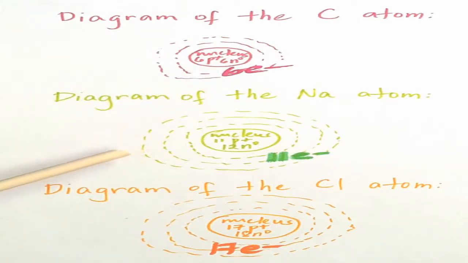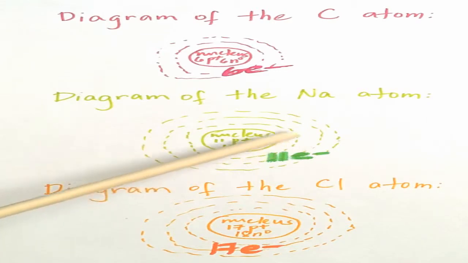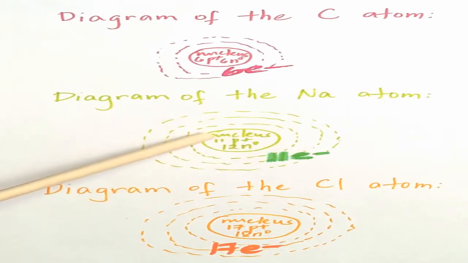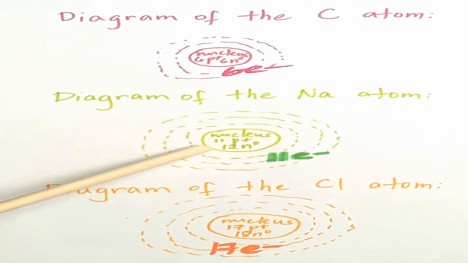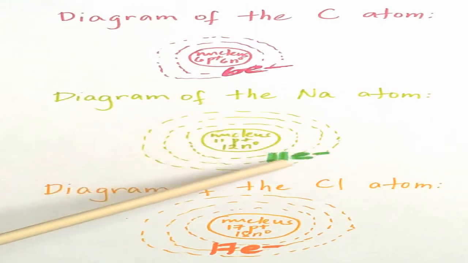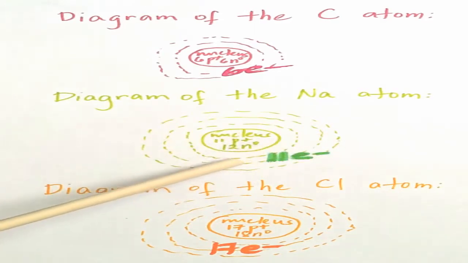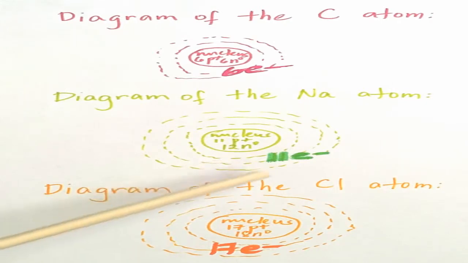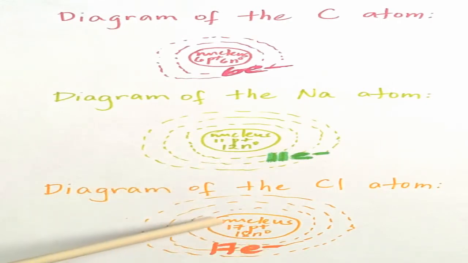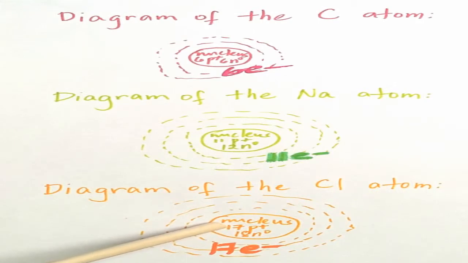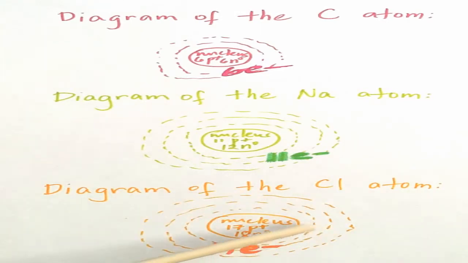The sodium atom would look like this, where you have the nucleus with the 11 protons and the 12 neutrons, and around the nucleus in concentric rings we have the 11 electrons. And the chlorine atom, we have the nucleus with 17 protons and 18 neutrons, and around the nucleus in concentric rings we have the 17 electrons.